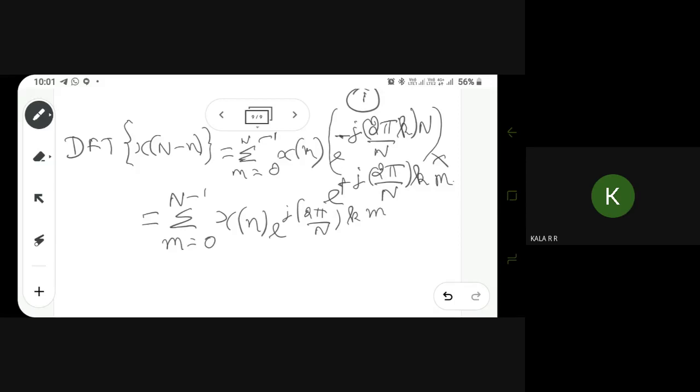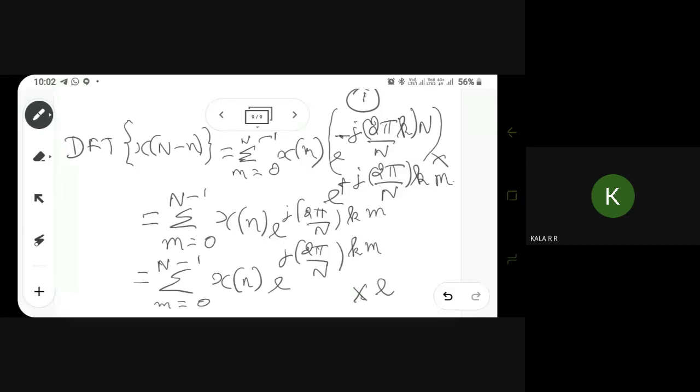So now, for simplicity and for the sake of getting the result, what we'll be doing is multiplying this with another term: summation m equal to 0 to N minus 1 of x of m, e power minus j 2 pi by N k m, into, to get the answer, e power minus j 2 pi.